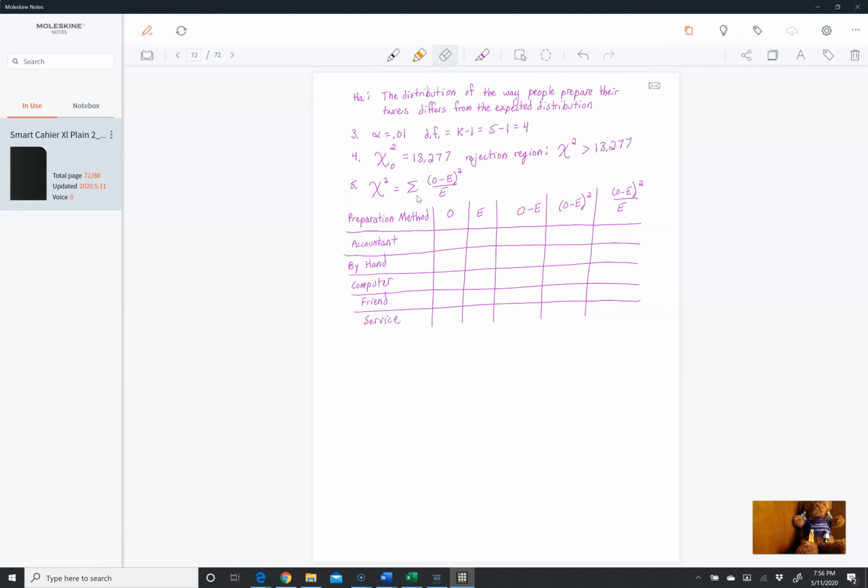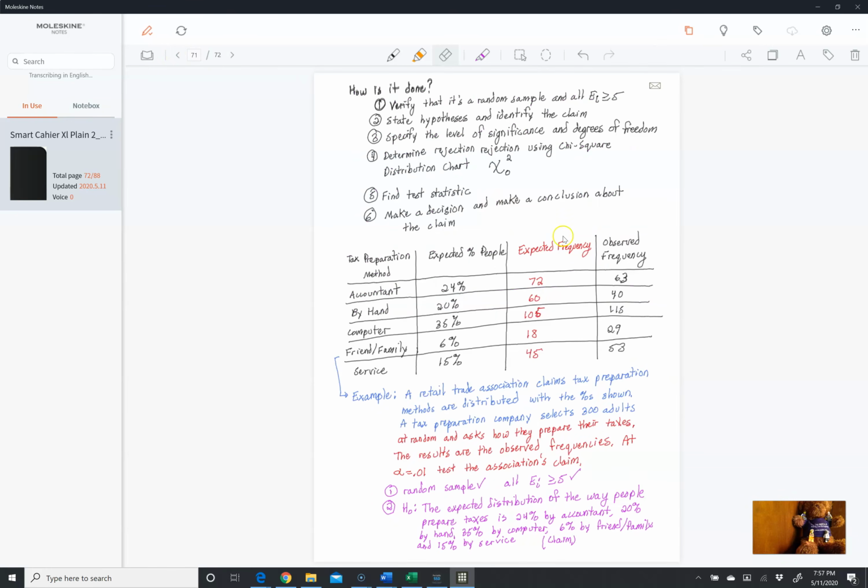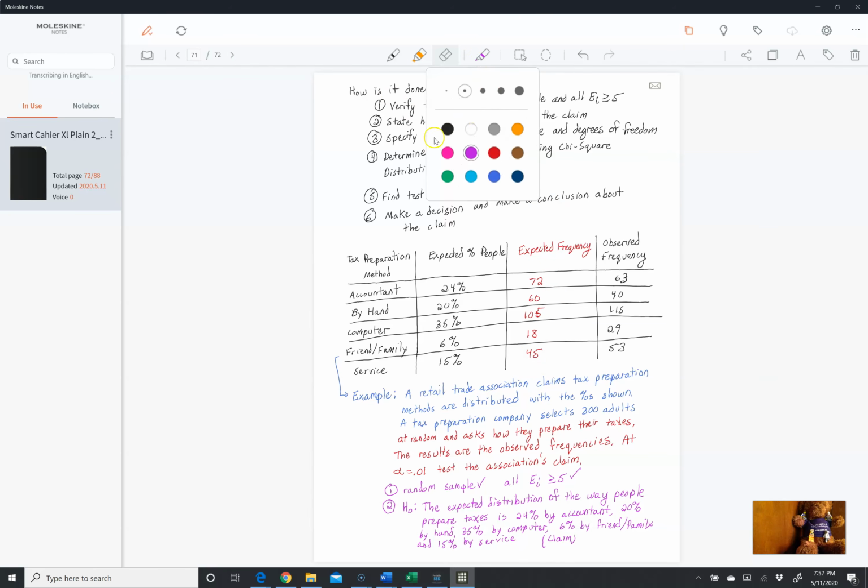Okay. First 2 columns are exactly the same. We're taking our O from the observed frequencies here. These are our O's. We're taking our E from the expected frequency here. These are our E's. That's 115. So we're just filling in those 2 columns. So just make sure that they're going into the right column.